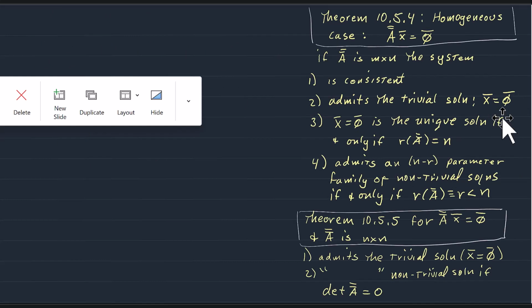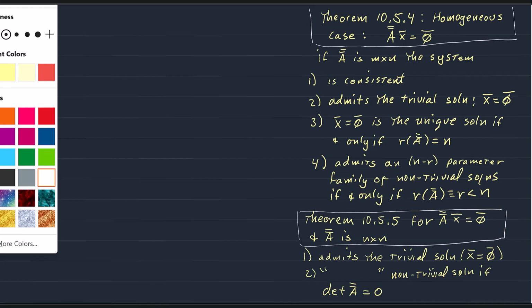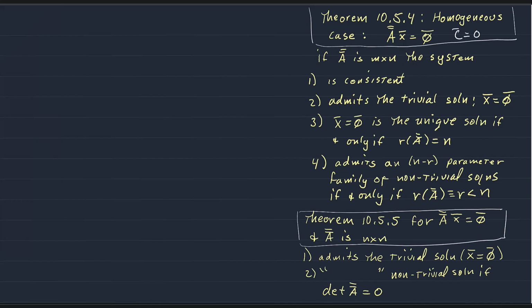Okay, so I'm going to hopefully finish up in the next couple of minutes here. We're going to look at a special case of AX equals C, where in this case, C is equal to the 0 vector.